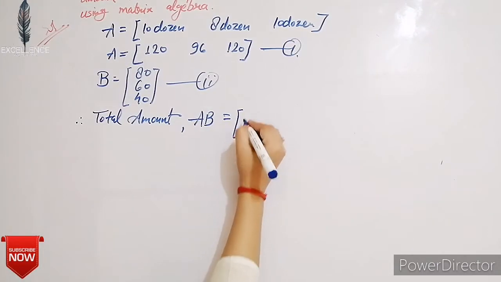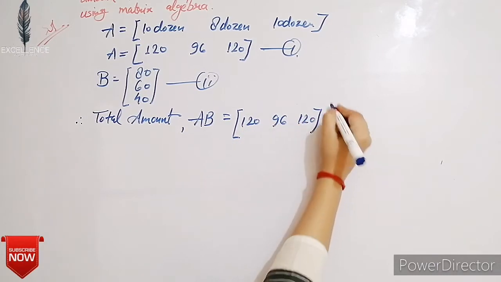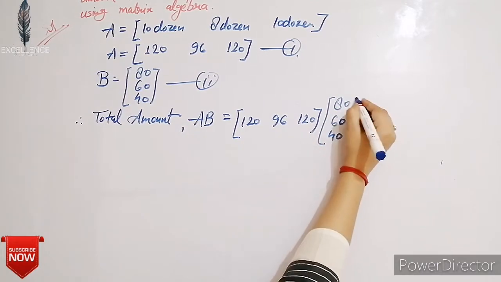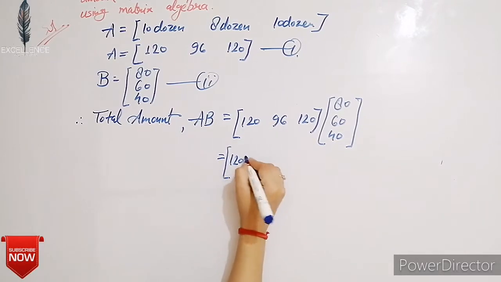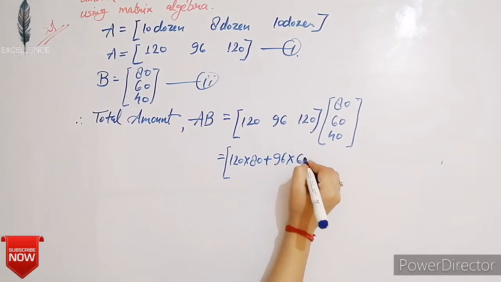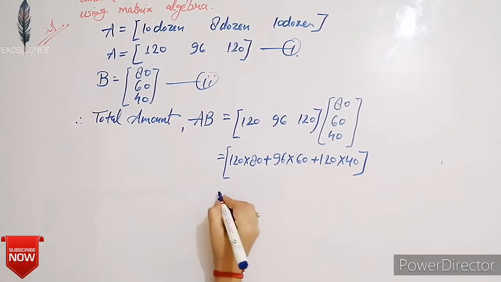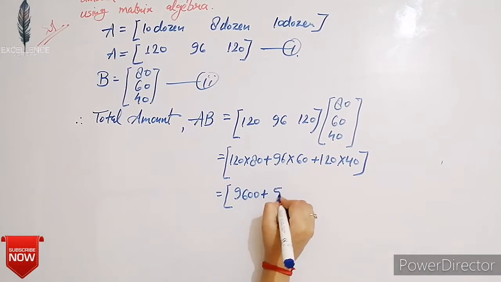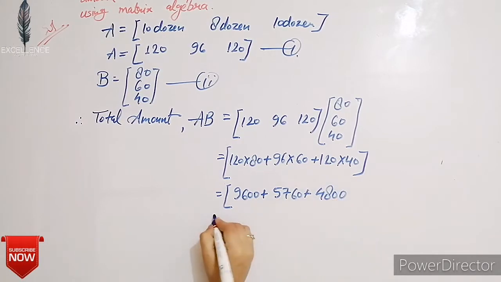Put the value of A, that is 120, 96, 120, multiplied by 80, 60, 40. On multiplying, we have 120 into 80 plus 96 into 60 plus 120 into 40. On solving, we have 9600 plus 5760 plus 4800.